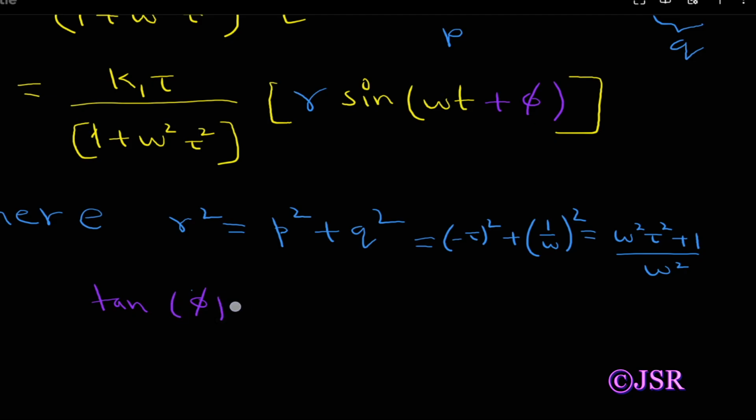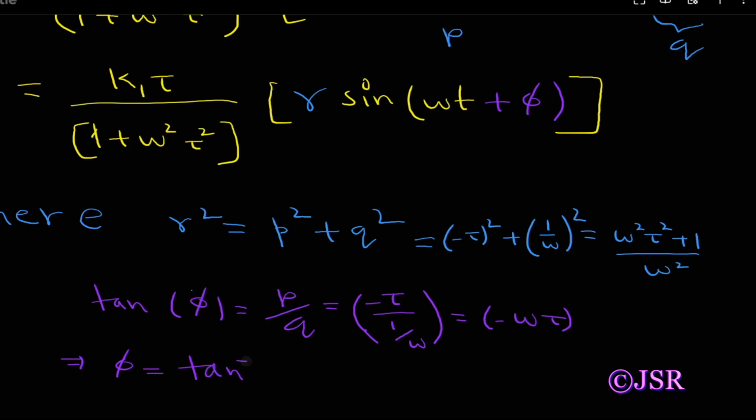So phi can be written as tan phi equal to p upon q, and p is minus tau, q is 1 upon omega, and this will be minus omega tau.